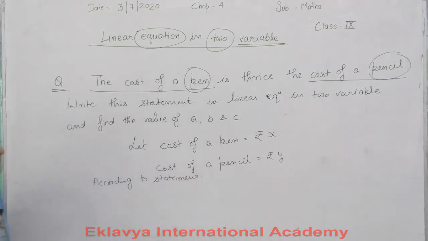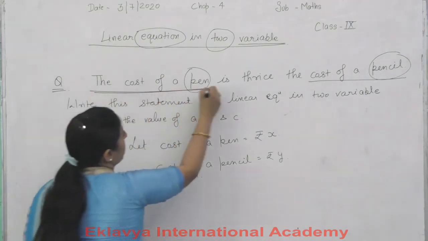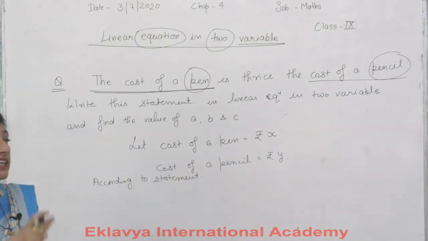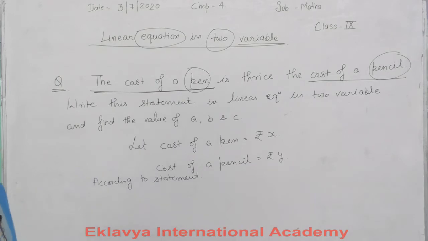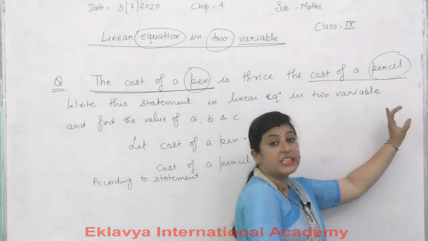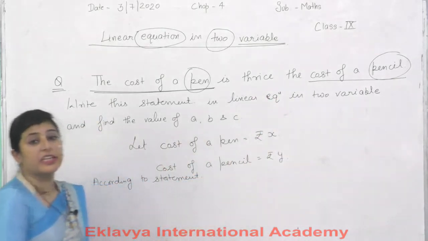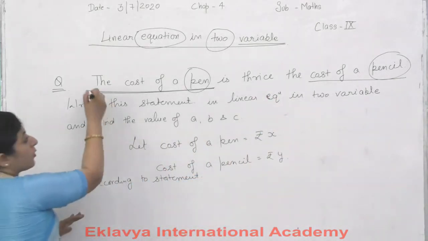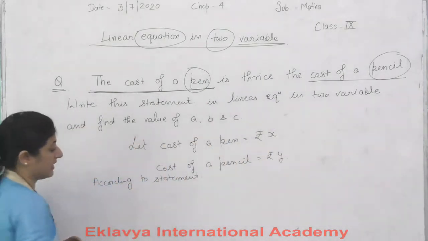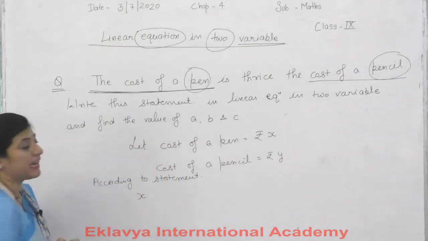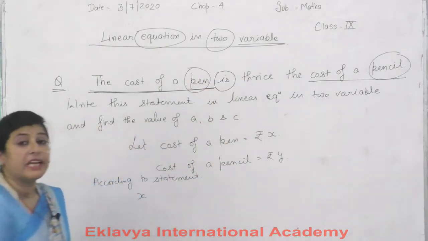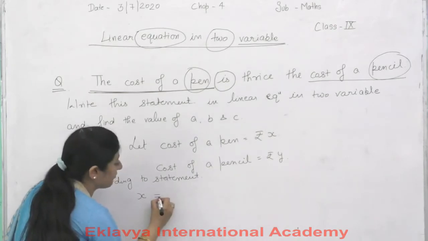How to write it? See this properly, we write the equation according to the statement. It means we just read the statement carefully, then we write the equation for it. Cost of a pen, what is the cost of a pen for us? x. So we write x first. If any helping verb comes, then we always put an equal sign.